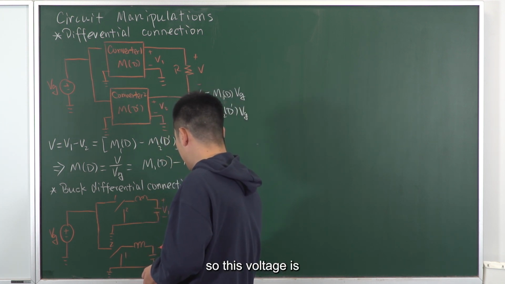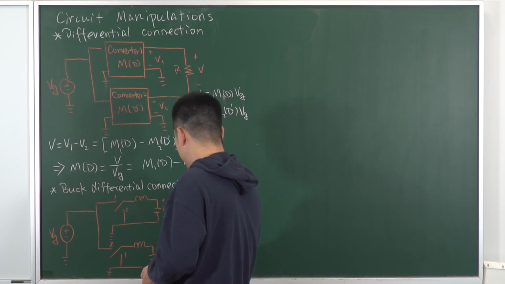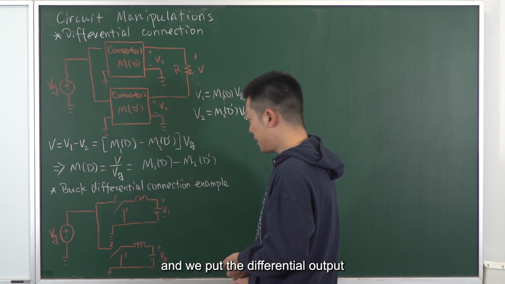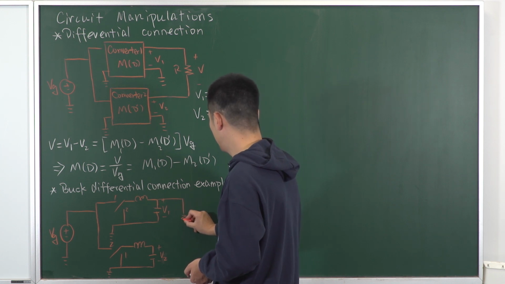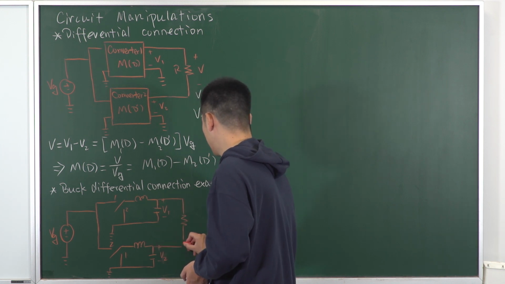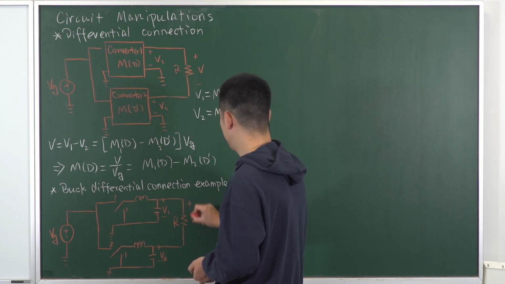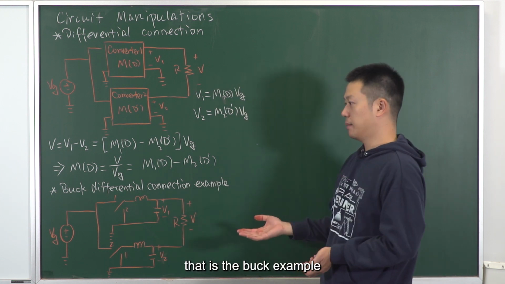This voltage is denoted as V2. And we put the differential output here. That is the buck example.